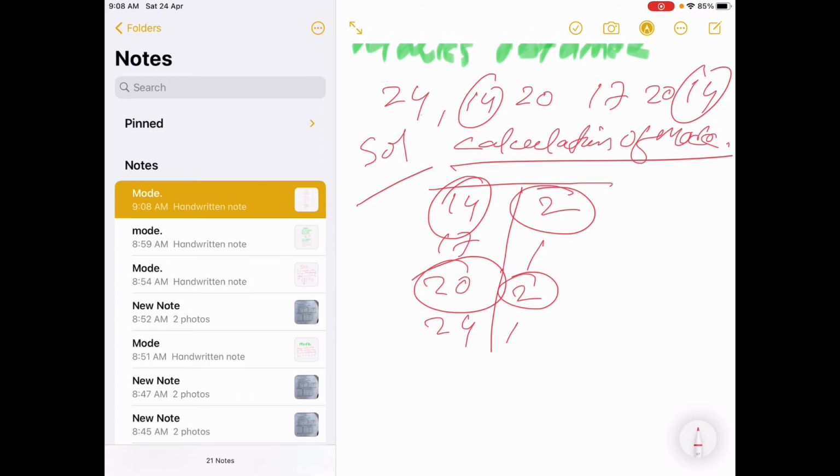There is no specific variate occurring most of the time, so here you can write mode is ill-defined.